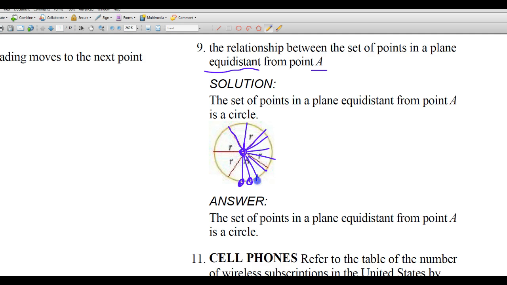So I'm getting these points, and all of these points form a circle. So the set of points in a plane equidistant from point A is a circle. This is our conjecture.